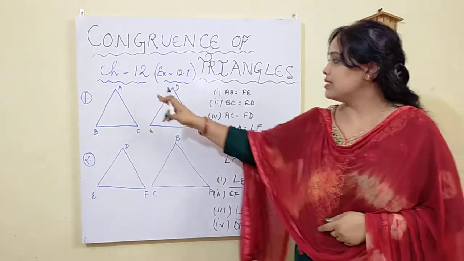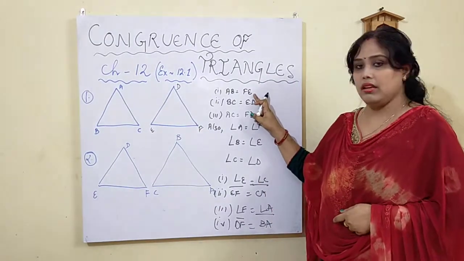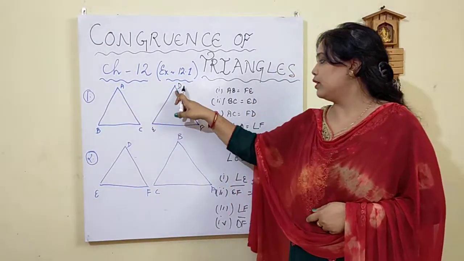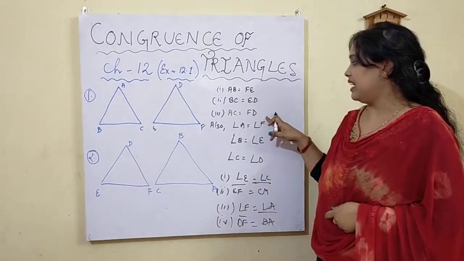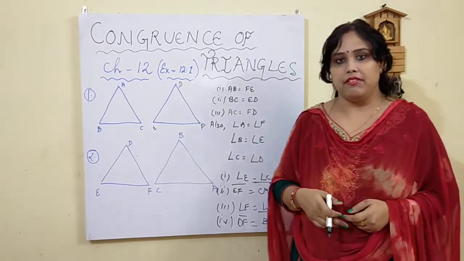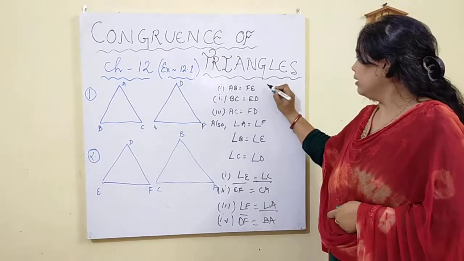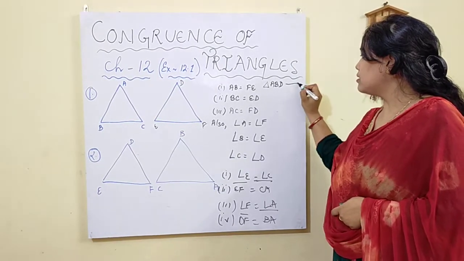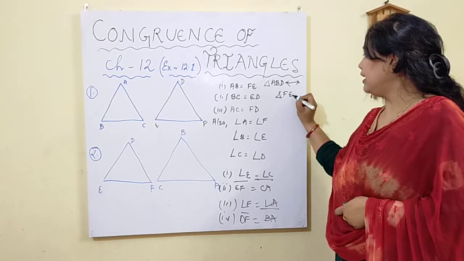Why? Because then you would be writing AB is equal to DE. You can see the difference. Then you would be writing AC is equal to DF and BC is equal to EF. So you can see the answer varies. So in the question, it is very well mentioned that triangle ABC is congruent to triangle FED.